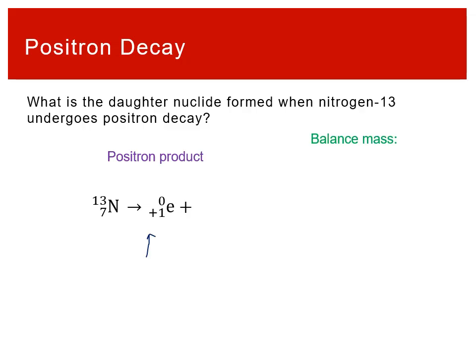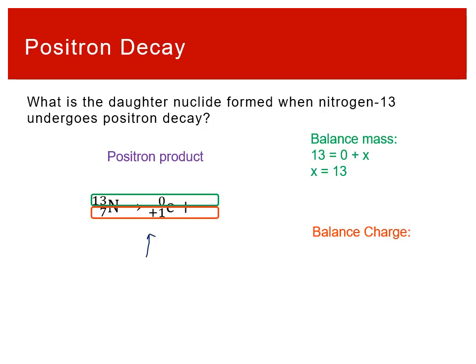The mass, we started with 13, and the positron is 0. So we end up with 13 for the mass of the daughter. Positron decay is just like beta emission. The total mass doesn't change. So then for our charge, we started with 7. We've lost a positive charge, so we lost +1, which means there is 6 left over in the nucleus.